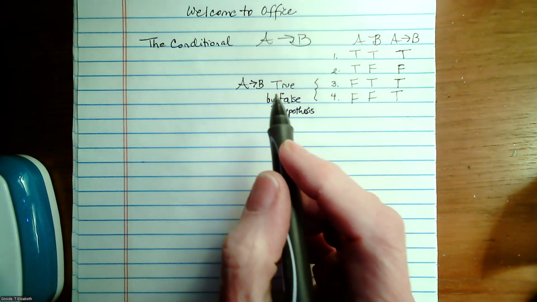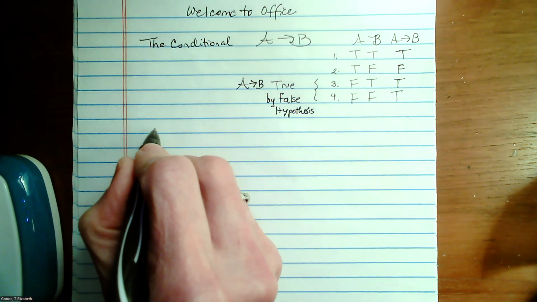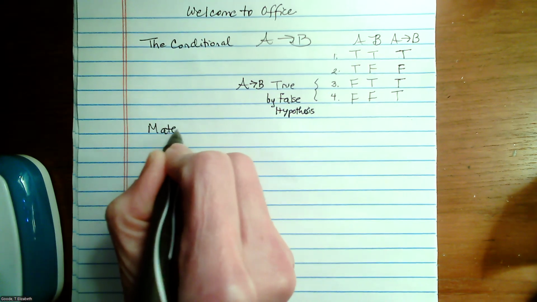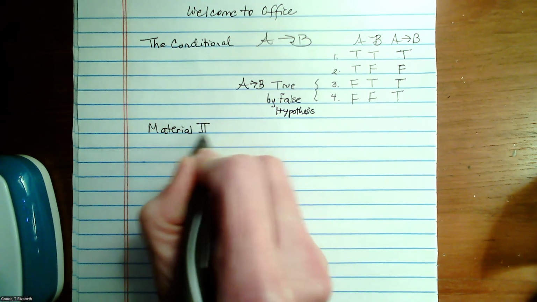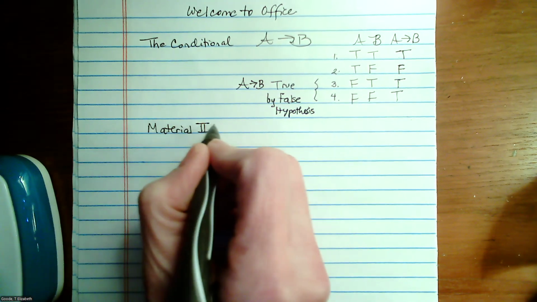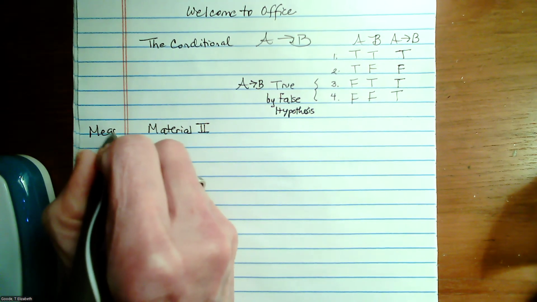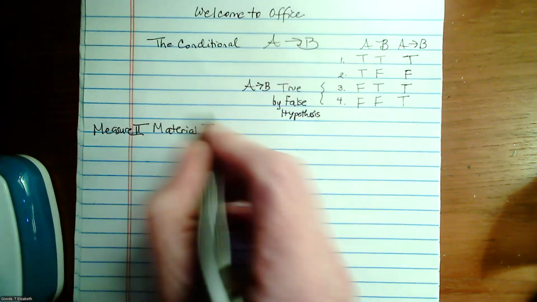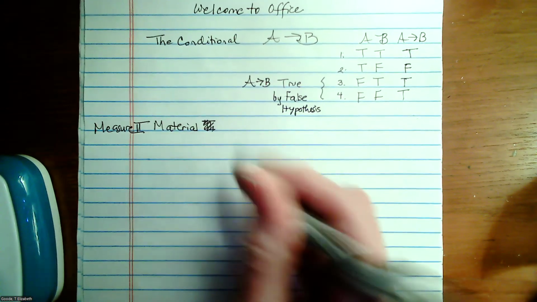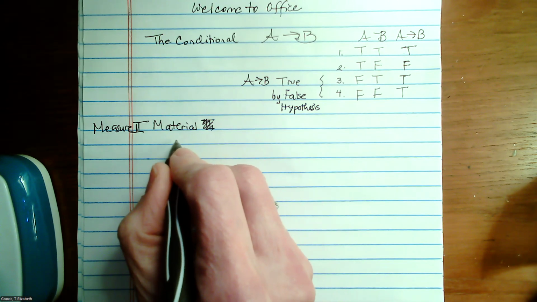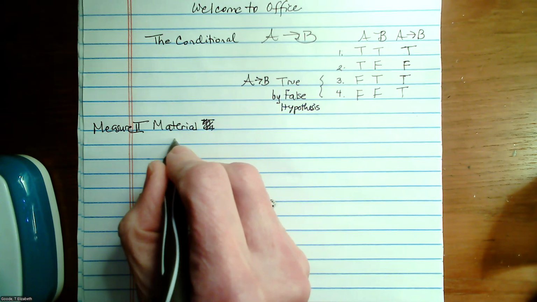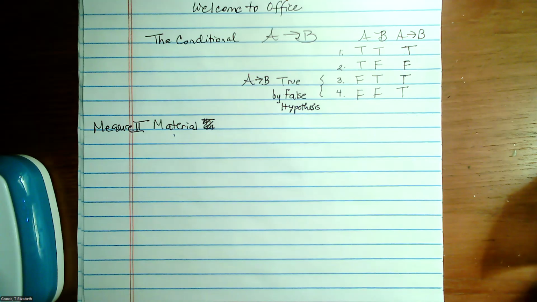Good. So in the Measure Two material on the website, there's a document now. What is it called? Let me take a look online because I just posted it.